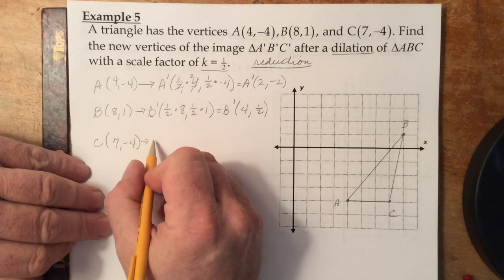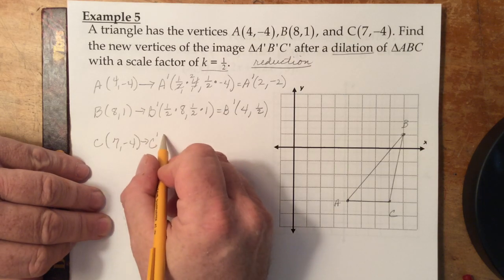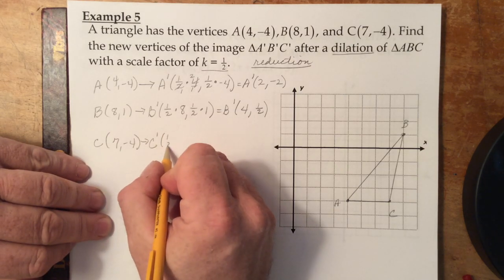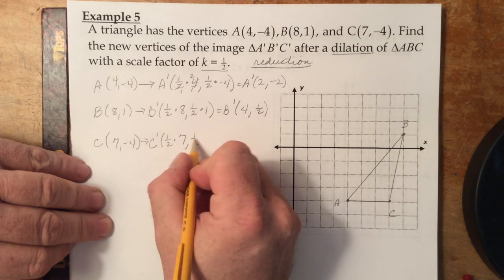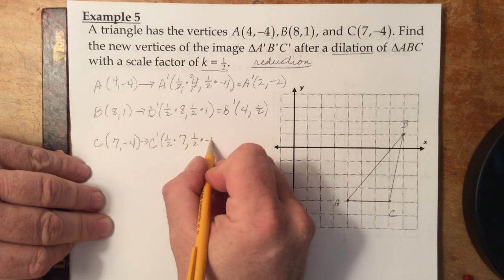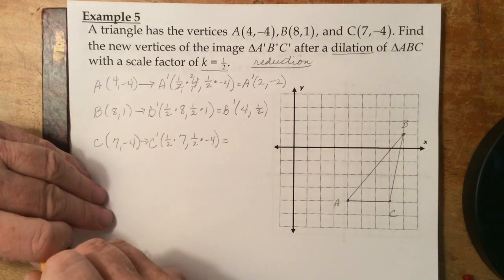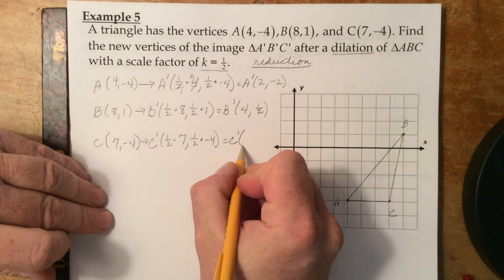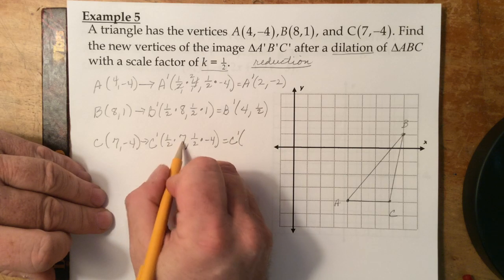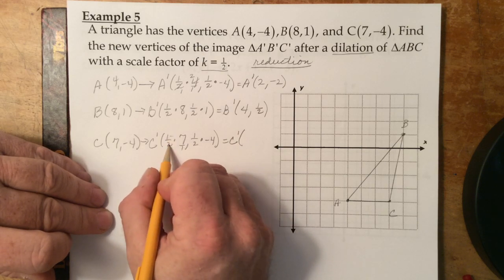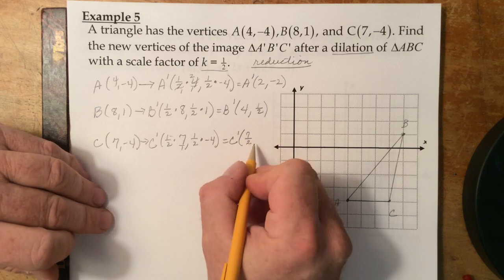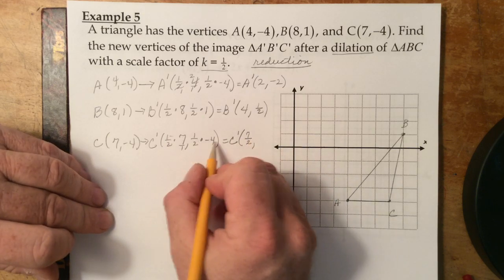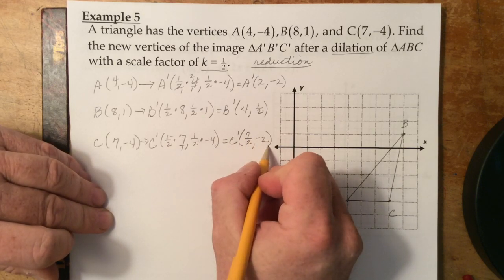And then to dilate C, C prime, we get 1/2 times 7, comma, 1/2 times -4. That gives us C prime at 1/2 of 7 is simply 7/2. If you want to write 3 and 1/2, that's fine. Comma, 1/2 of -4 is -2.